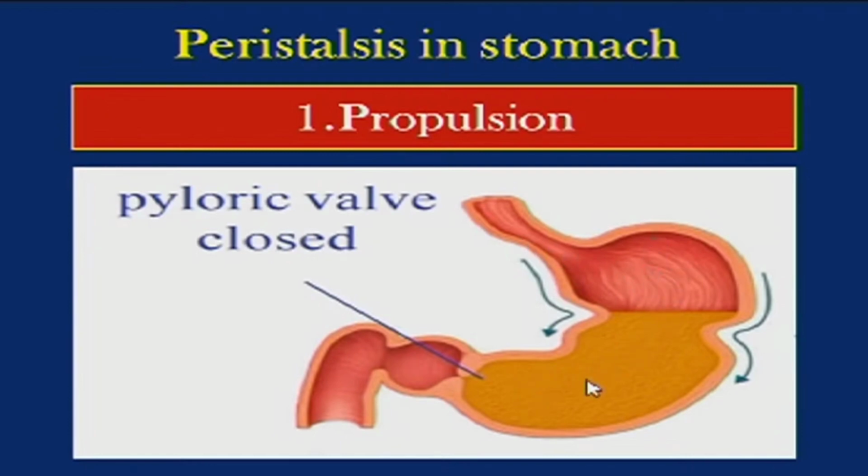This is called propulsion. Here there is a valve called the pyloric valve, which can also be called the pyloric sphincter. During the process of digestion in the stomach, this pyloric valve is closed. It does not allow the contents to enter from the stomach into the small intestine.